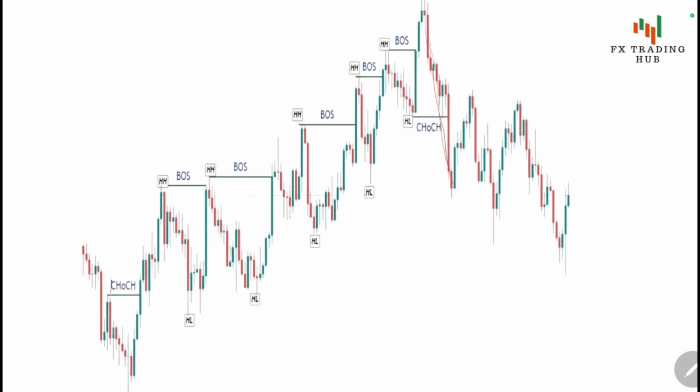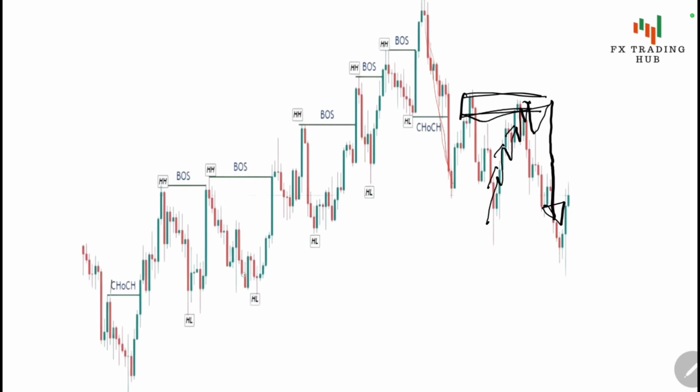Now in this case as well, if I have this supply zone here, I could also have my change of character right here, because in a lower time frame you could have higher highs and higher lows to the supply zone, and I can as well have my change of character here, which will signify my trade entry.